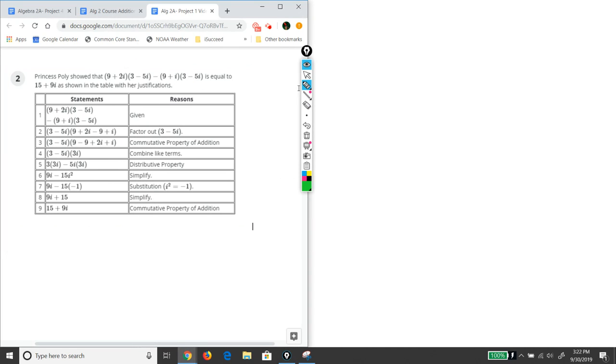So that 3 minus 5i, she needs to pull it out in front there, but did she do it correctly? If she pulled that out into the front, she would still need to multiply with this 9 plus 2i part.